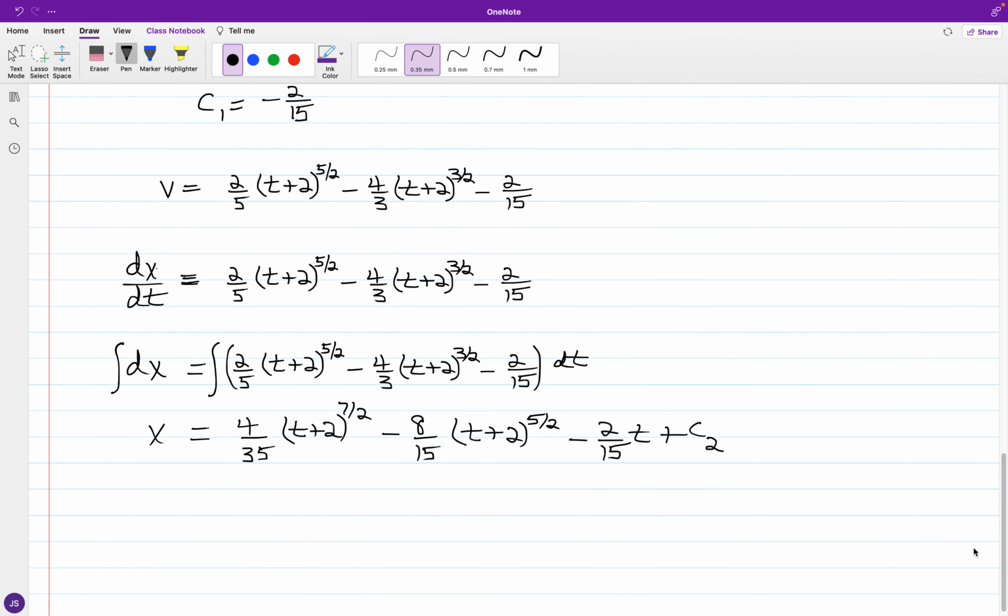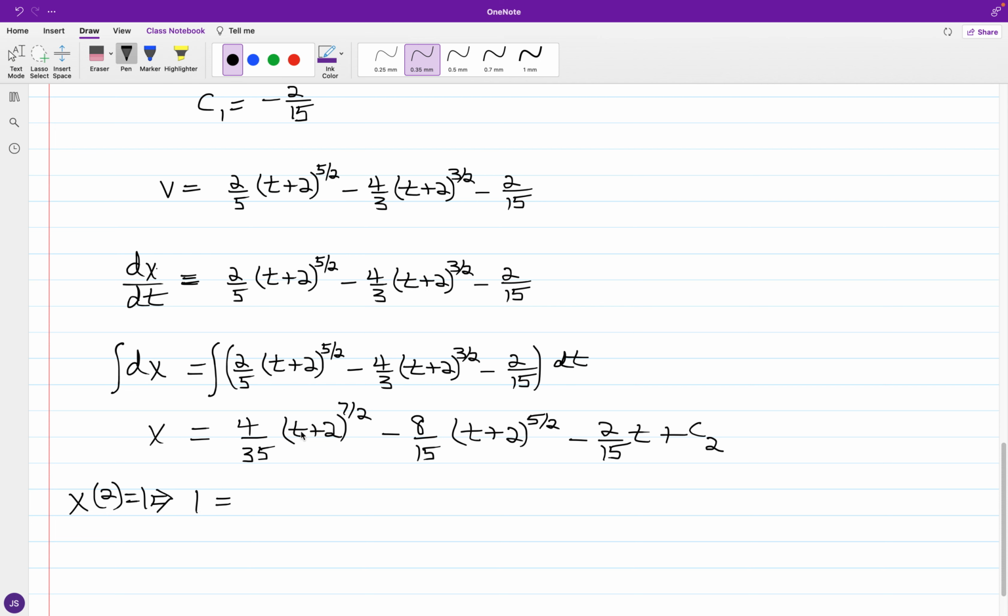And looking at what we have, for x, whenever t is equal to 2, x is at 1, so substituting accordingly.